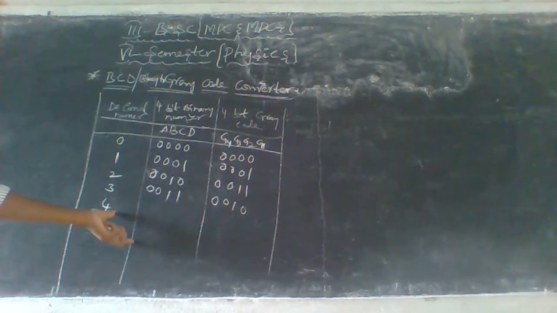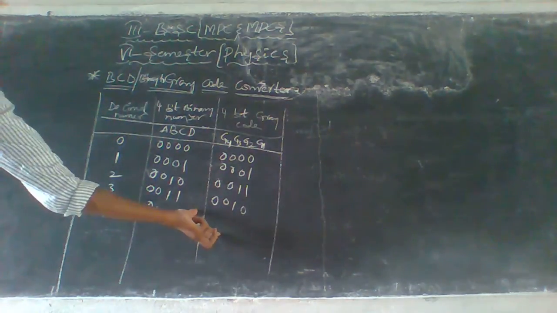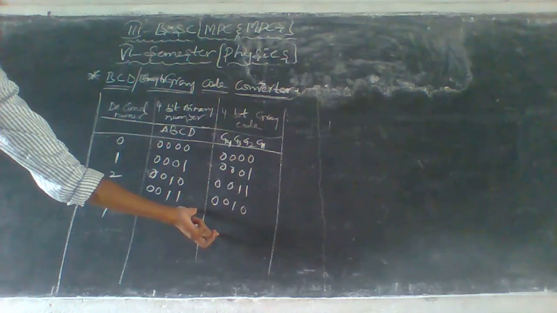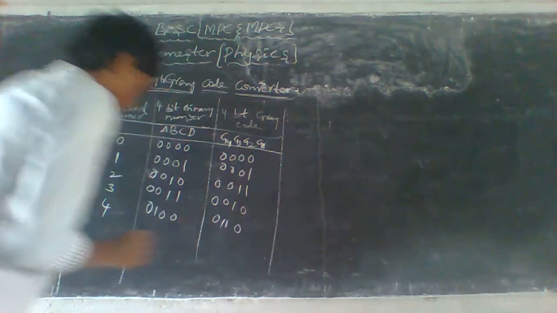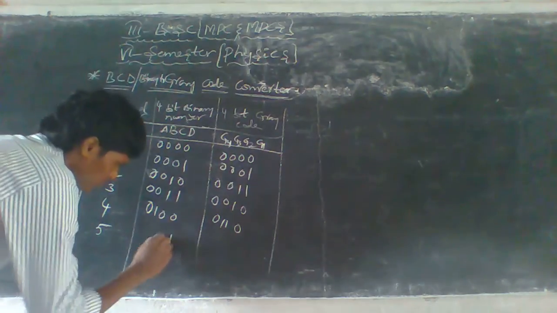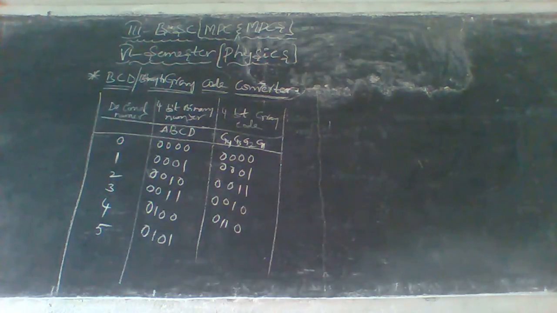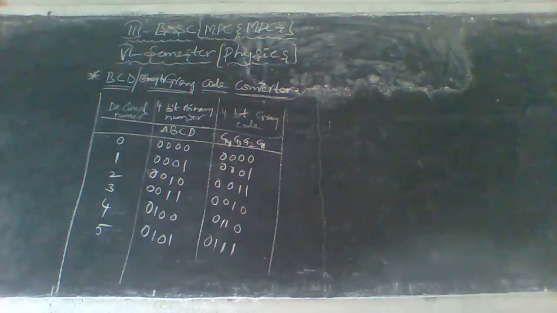For 4, the 4-bit code is 0010, and the 4-bit binary code is 0110. For 5, the 4-bit binary code is 1110.